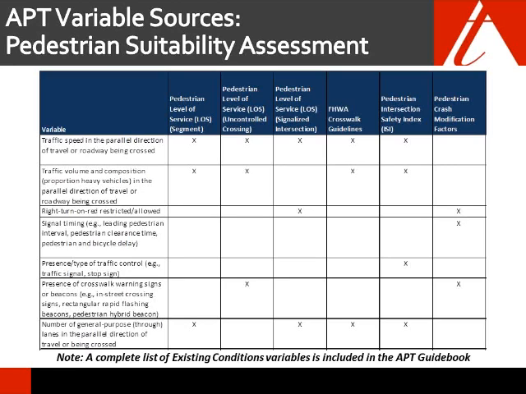Other guidelines such as the FHWA crosswalk guidelines, pedestrian intersection safety index, and crash modification factors also helped us identify variables that have been shown in previous research to be related to pedestrian suitability. So another example on the next slide is pedestrian demand models.